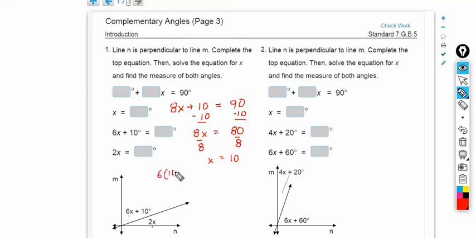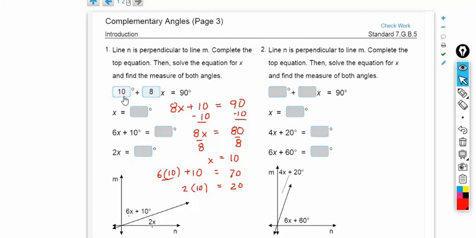6 times 10 plus 10 equals 60 plus 10, that's going to be 70. And then over here we're going to have 2 times 10 equals 20. Then we could put those in. Over here we had a 10 and an 8x. They just switched it.